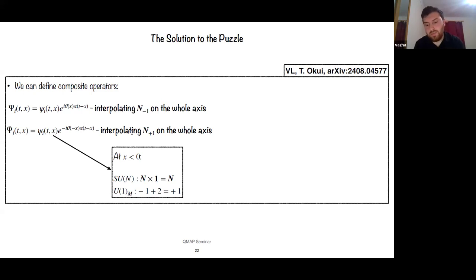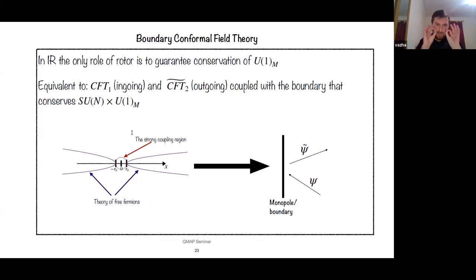Okay, now let's make the connection to another resolution. To make contact, let me tell you once again how this theory looked. We had an incoming direction where it was a theory of a right-moving free fermion, an outgoing direction where it was a theory of a right-moving free fermion, and a very small region in between where we had strong coupling.